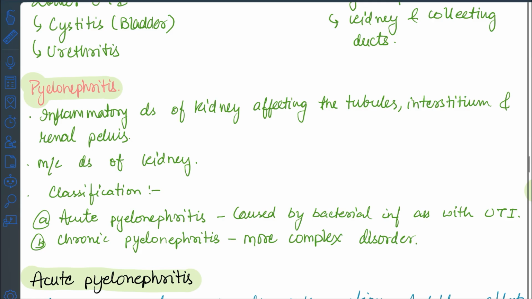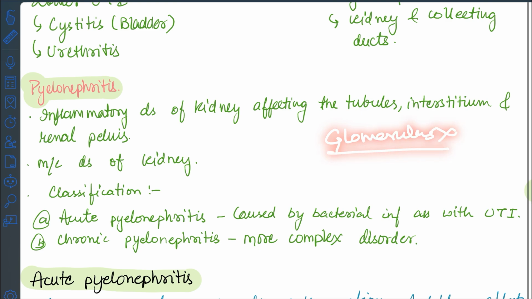We'll now learn about pyelonephritis in a bit more detail. What actually is pyelonephritis? It is an inflammatory disease of the kidney which affects the tubules, interstitium, and renal pelvis. We can see that no glomerulus is affected here.